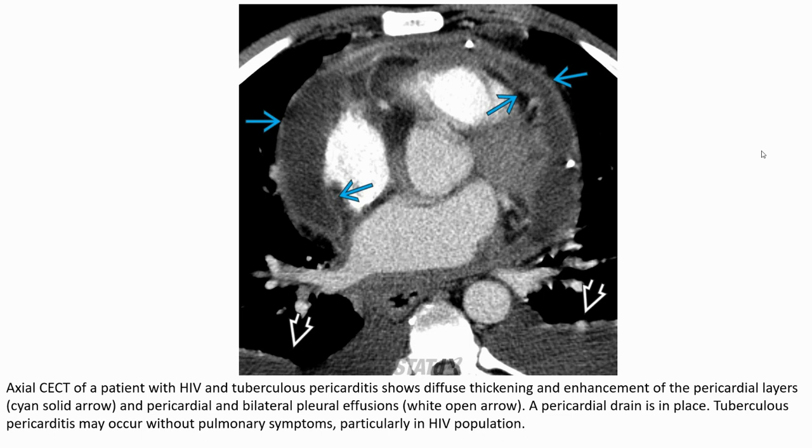The white open arrow indicates the pericardial drain in place. Tuberculous pericarditis may occur without pulmonary symptoms, particularly in the HIV population.